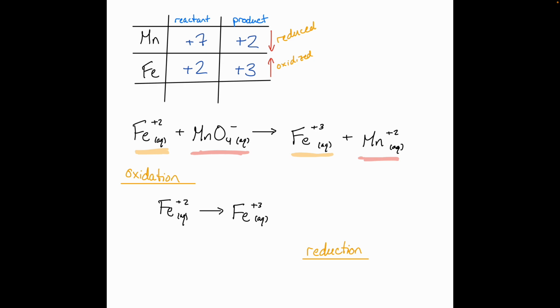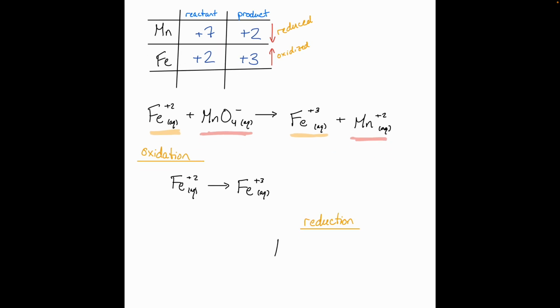It is used a lot because it is a very common oxidizing agent. All right, so my MnO4-, my permanganate, on my reactant side, and that manganese ion on the product side.